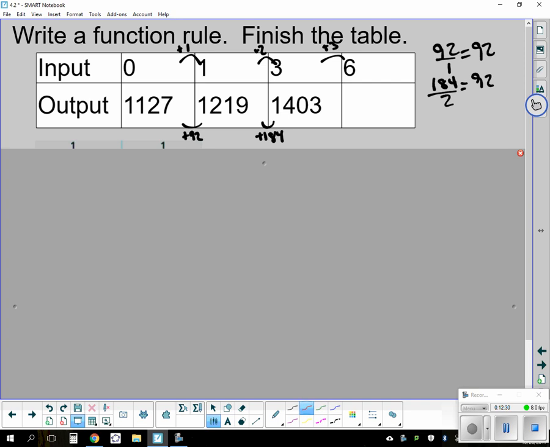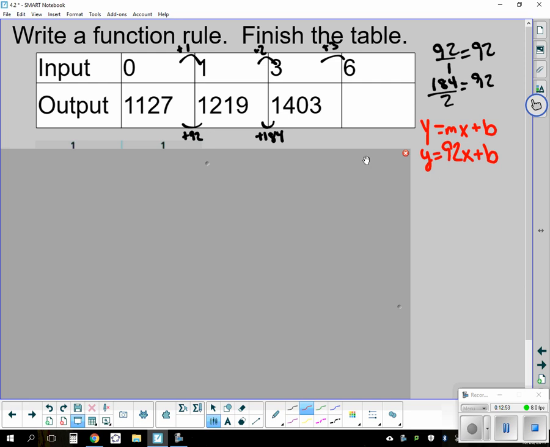If it's linear, you already know how to come up with your equation. It's going to be y equals mx plus b, and we just fill in our m and our b. You've already found your m. Your m is that constant rate of change, which is 92. Then we just need to see if we need to add a b or not.